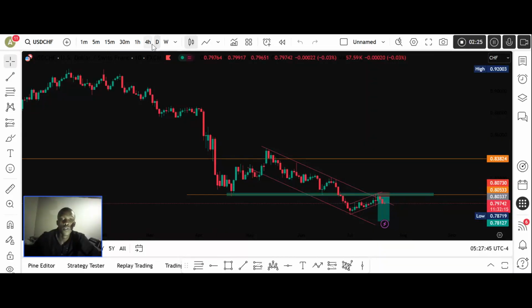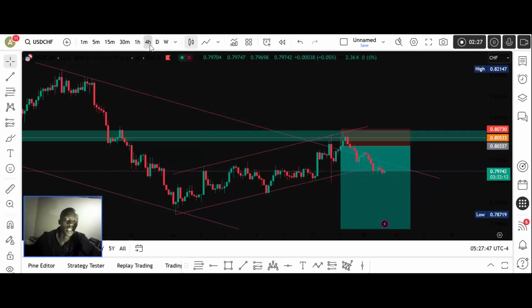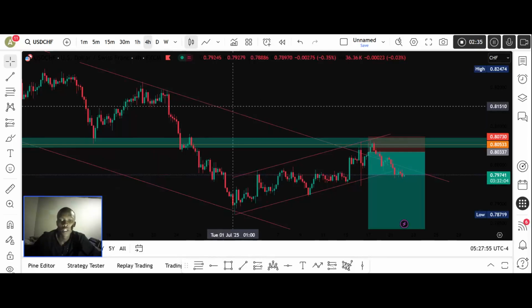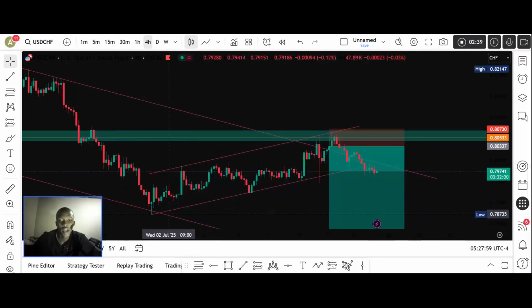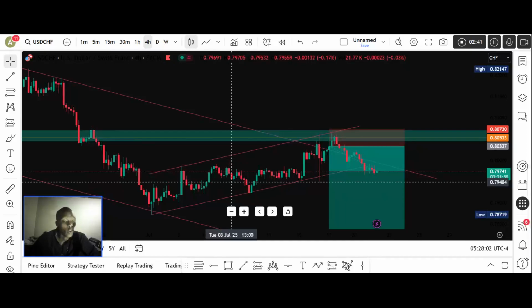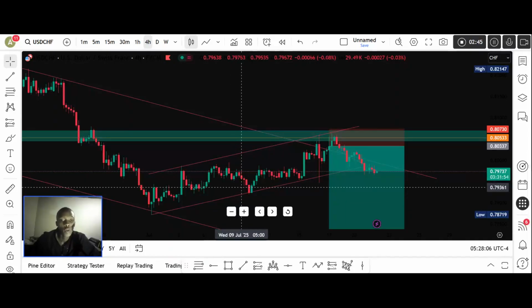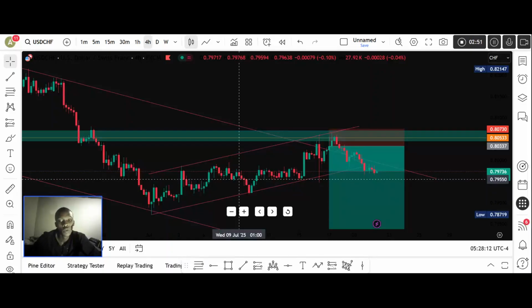So, going to the 4H. I didn't execute the trade on the 4-hour time frame; I executed it on the 1-hour time frame. But on the 4-hour, I see the price creating a high, knowing the overall trend is going down. I know that at some point it has to find somewhere to reject, then continue to the downside.